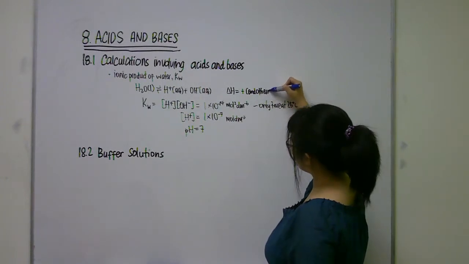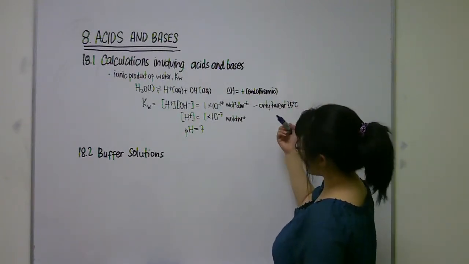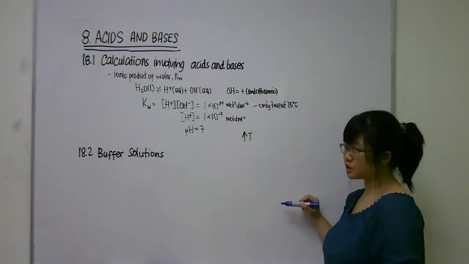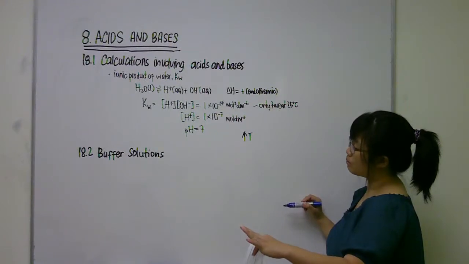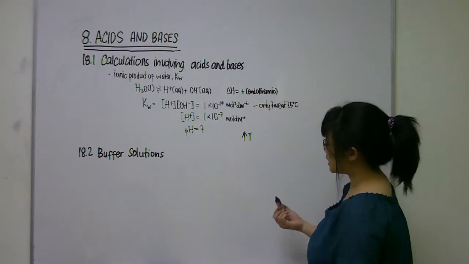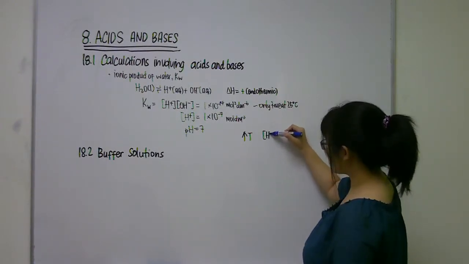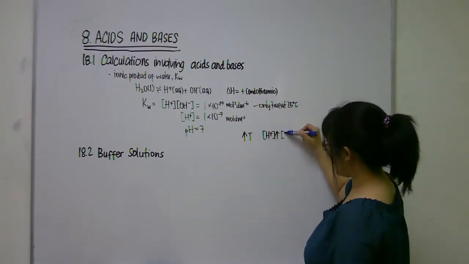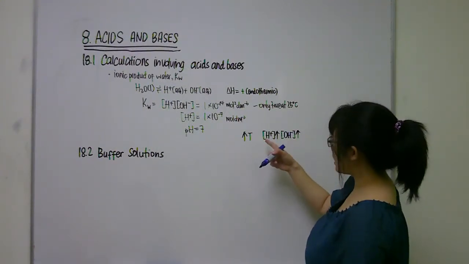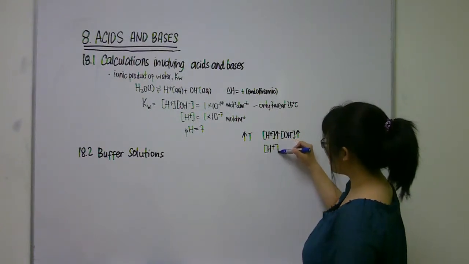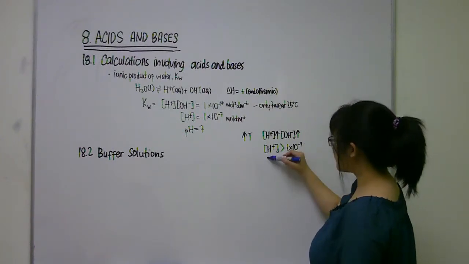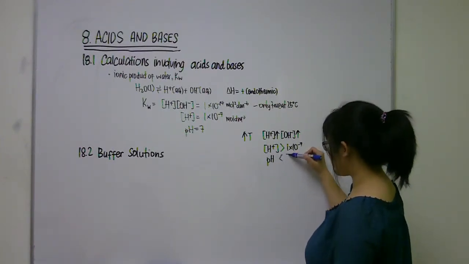So when we increase the temperature, based on Le Chatelier's principle, it will shift the position of equilibrium to the right, such that you will have a higher concentration of H plus and a higher concentration of OH minus. So the H plus concentration will be greater than 1 times 10 to the power of minus 7, and because of that, the pH will be less than 7.